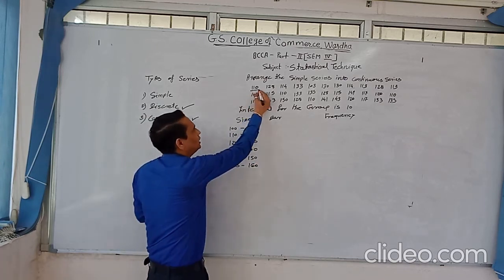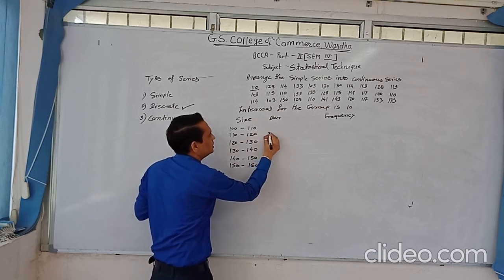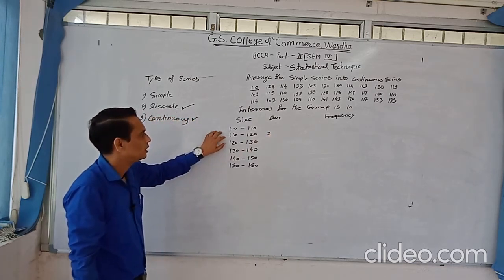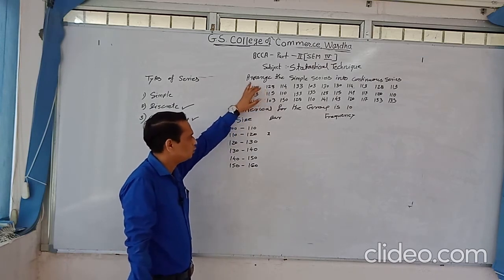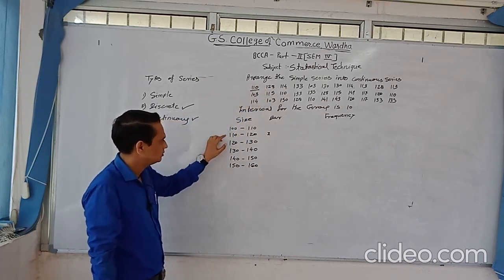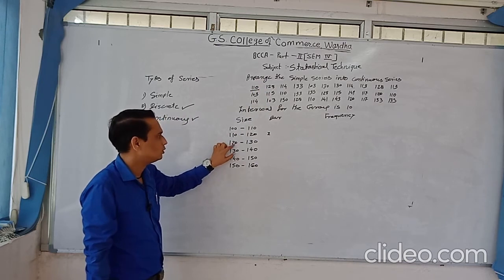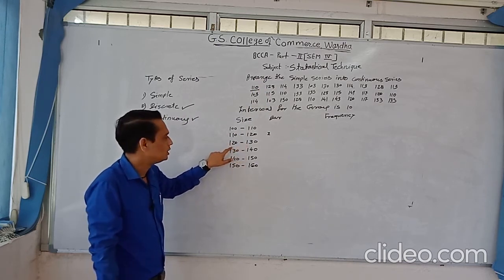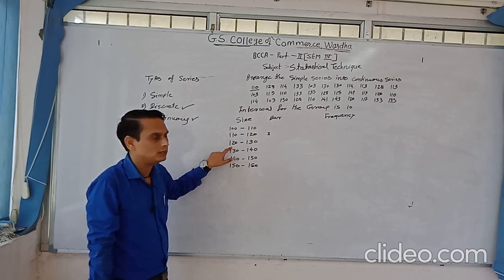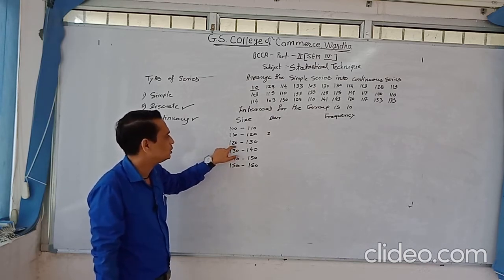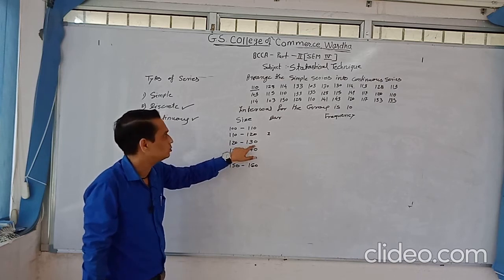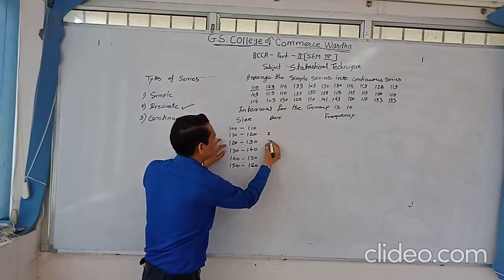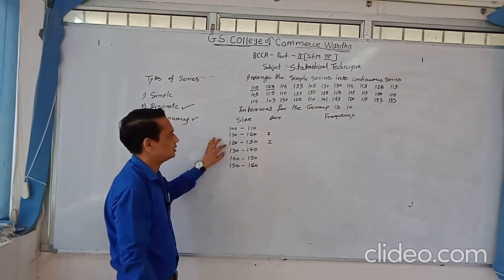So 110 is included in the second group, so we have the first bar on the second group. Next one, 128, is included in the third group, 120 to 130, because 120 to 129 are included in the 120 to 130 group.